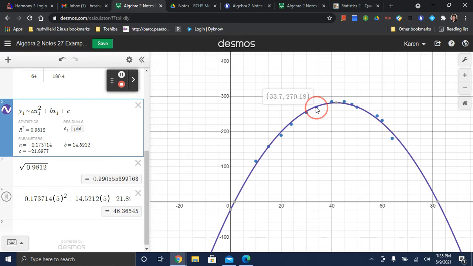That's close enough. So 33.7 at 270.18 feet. Remember that it said to give one or both, and this is one of them because there's going to be one on the other side. So 33.7 degrees.